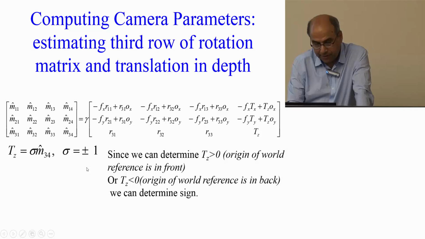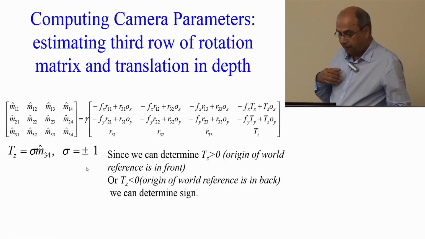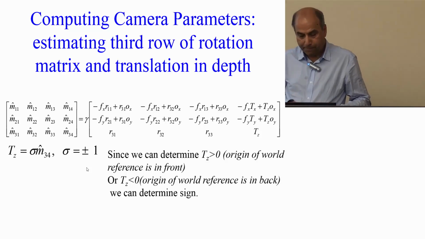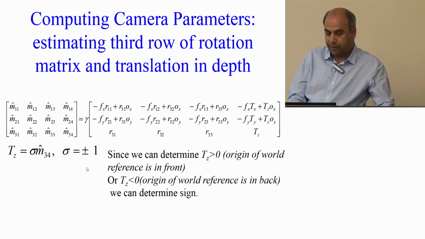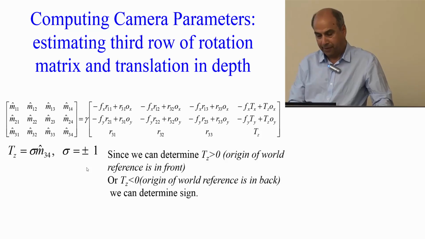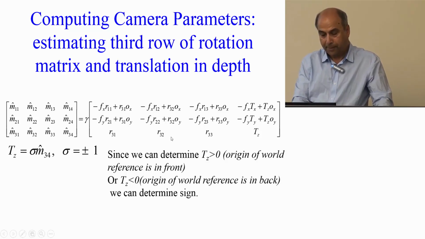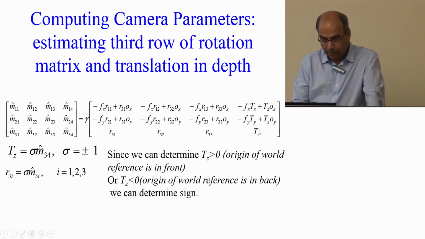But we can determine this easily, because TZ is a translation depth. If the origin of the world is in the front, then TZ is positive. If the origin of the world is in the back, then it's negative. So we can determine the sign of TZ very easily. Okay, so that's easy. Now since we know TZ, we know sigma, then we can compare from R31 and M31.